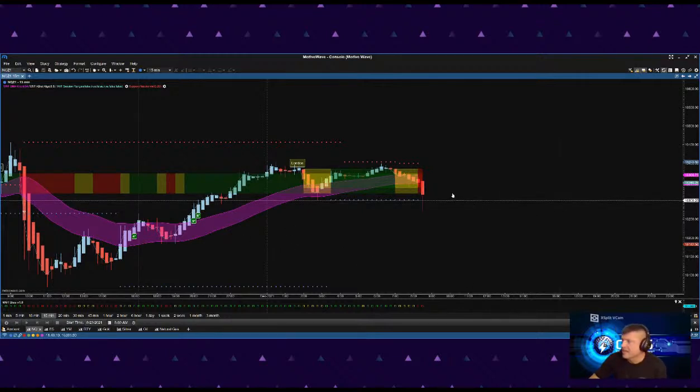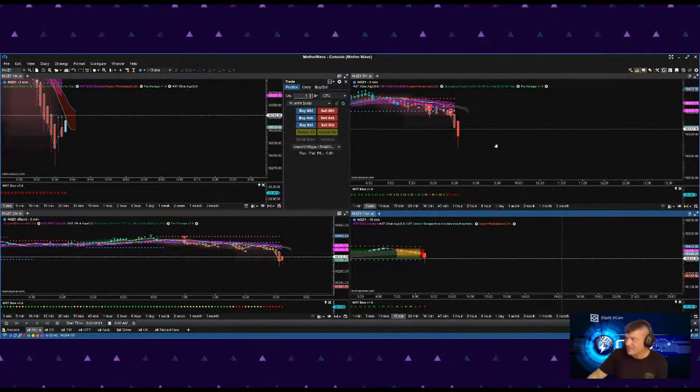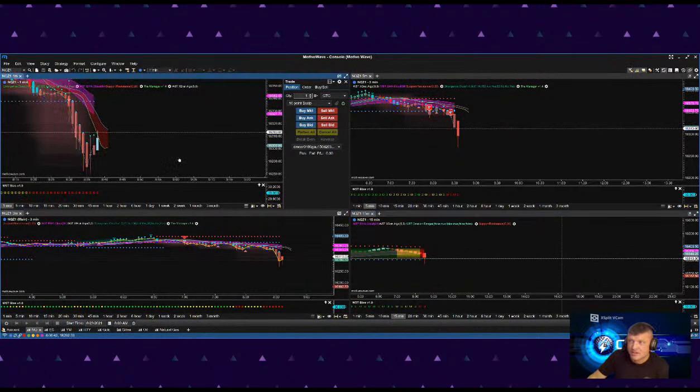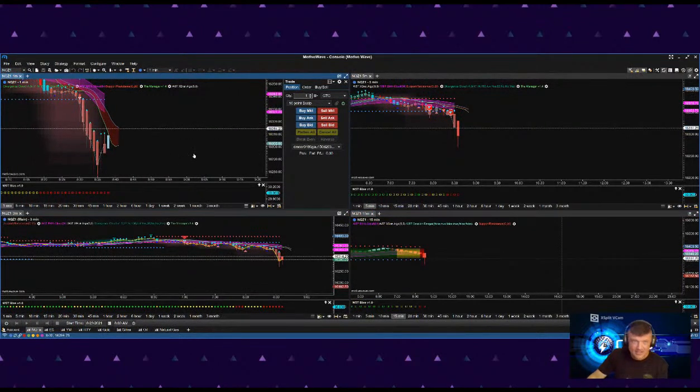Once this 15-minute candle closes, it's going to be interesting because these opening ranges are no joke, right? Yesterday it was 200 and some change ticks for the opening range trade.